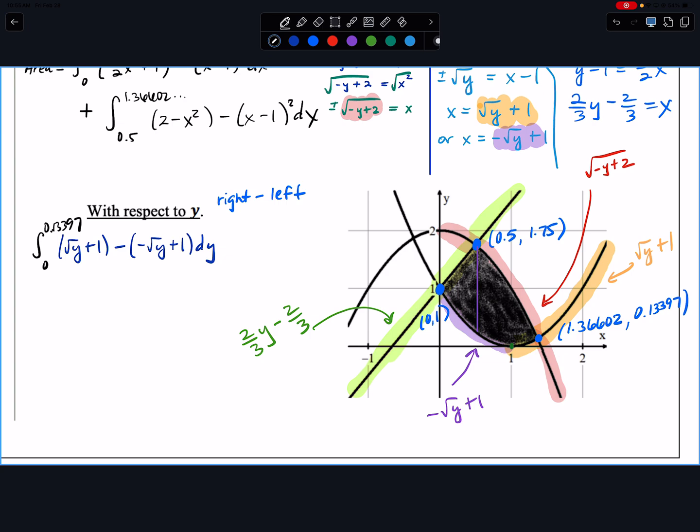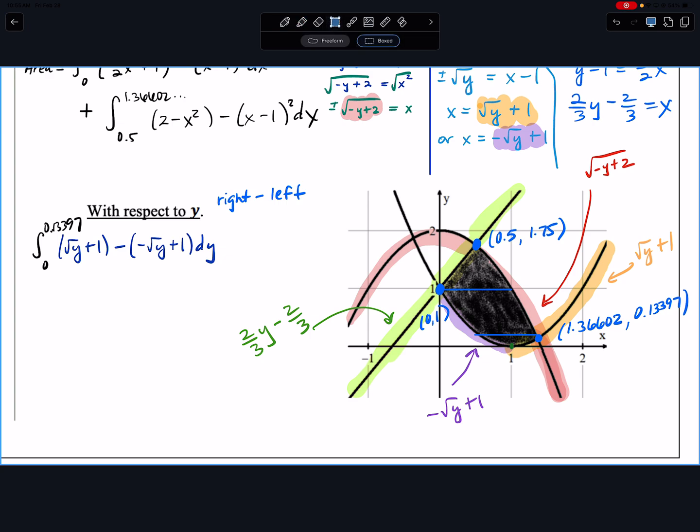Okay, so basically, I'm going to erase this now. This is one region. Where it intersects is another region. And then we have a third region.